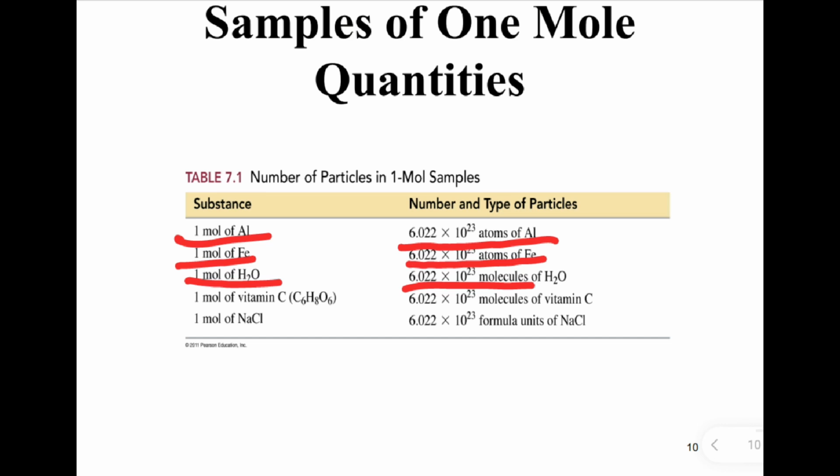ስለዚህ ውሃ ኮቫለንት ቦንድ ስላለው ሞለኪውል እንጠቀማለን ማለት ነው። ዳይአቶሚክ፣ ትራይአቶሚክ ኦር ፖሊአቶሚክ ኤሌመንትስ ከሆኑ ሞለኪውልስ እንጠቀማለን ማለት ነው። 1 mole of vitamin C, ስለዚህ 6.02 times 10 to the power of 23 molecules of vitamin C. 1 mole of sodium chloride አሁን አዮኒክ ቦንድ ስላለው ወይም አዮኒክ ኮምፓውንድ ስለሆነ ፎርሙላ ዩኒት ይሆናል ማለት ነው። 6.02 times 10 to the power of 23 formula units of sodium chloride are present ማለት ነው። ስለዚህ በዚህ መልኩ መግለጽ ትችላላችሁ ማለት ነው። for any substance.